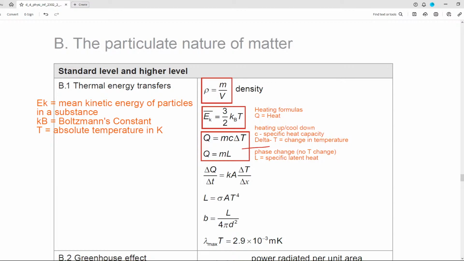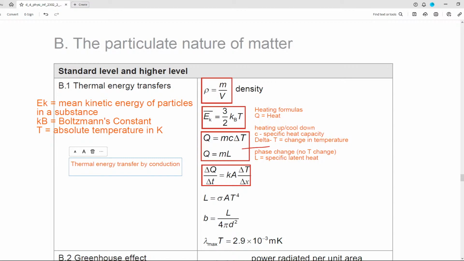So the next one is about thermal energy transfer. Specifically, this is thermal energy transfer by conduction. Delta Q, of course, once again, is heat: how much energy is transferred from one place to another.